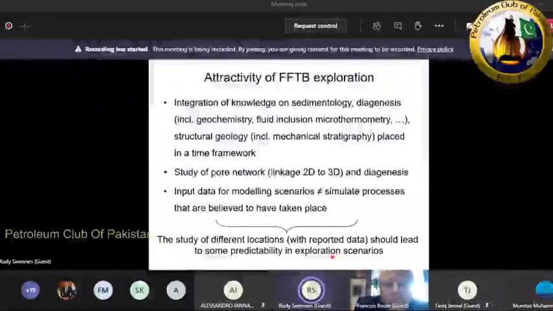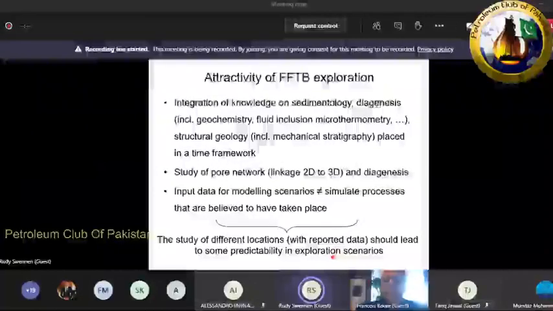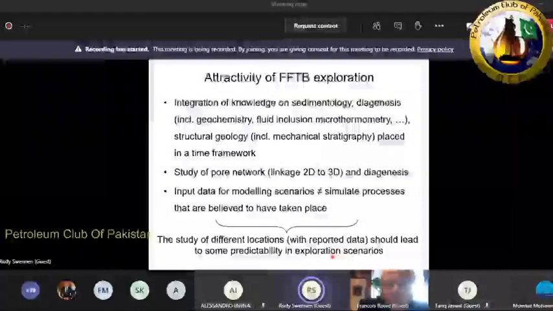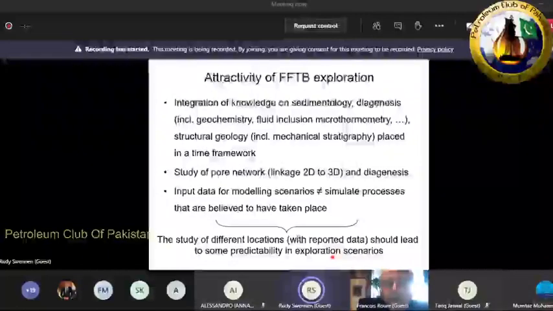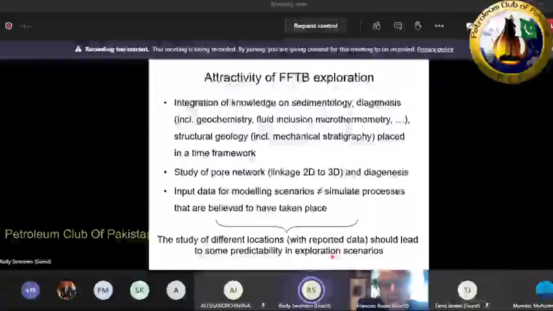The focus was also to study the pore network and to link the 2D observations in thin sections to three-dimensional features to understand the pore connectivity and how diagenesis is affecting this pore network system.